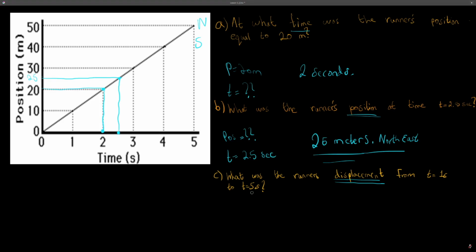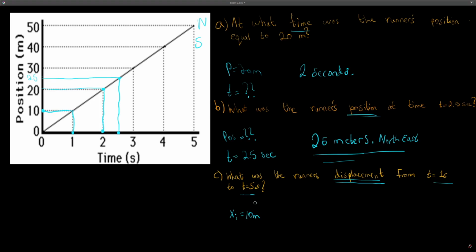And finally, for the third question, what was the runner's displacement from t equal to 1 second to t equal to 5 seconds? So at t equal to 1 second, we can see here that the object is at around 10 meters. So position 1, or we could say x1 or x initial, is equal to 10 meters.